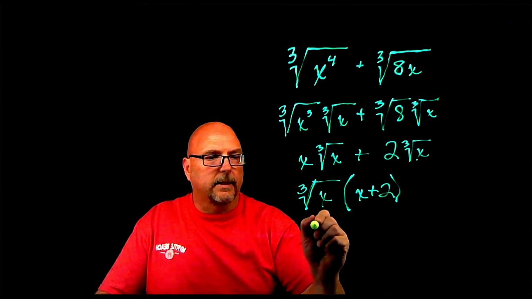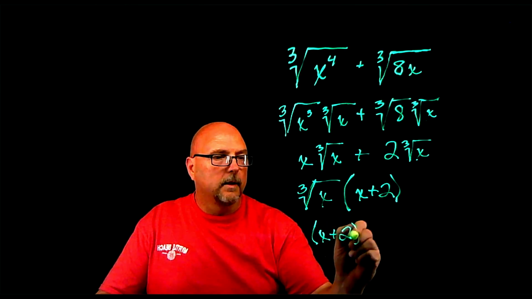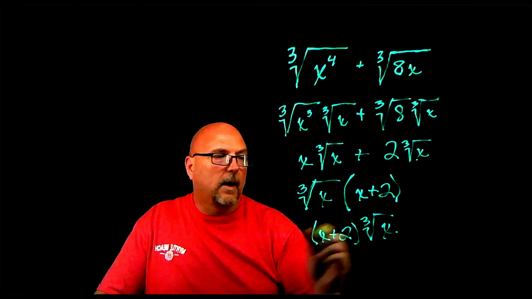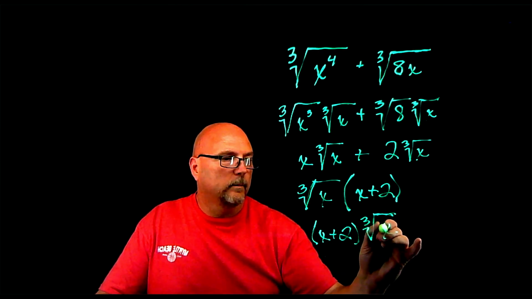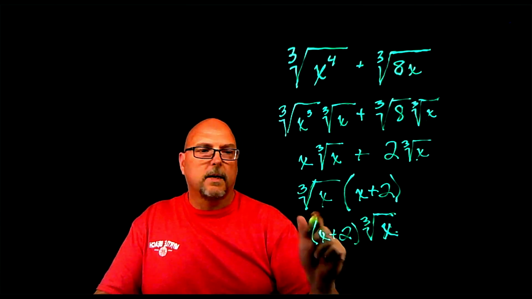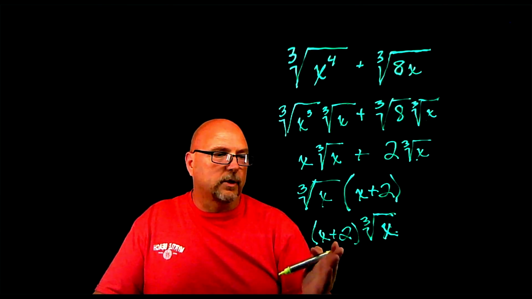You might see it written this way, x plus 2 times the cube root of x. So either way you might see this, but this is the final answer, how to answer this question.